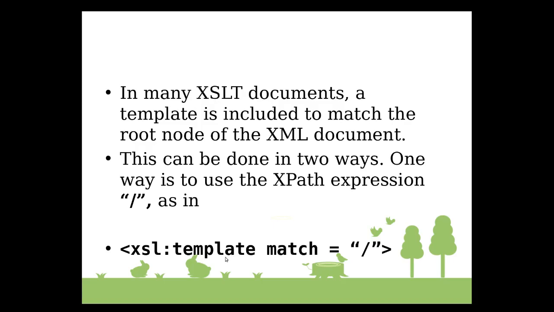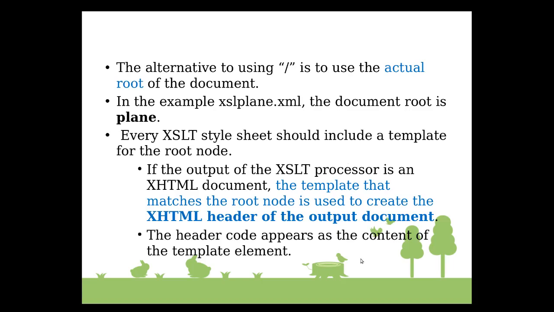Template is the element name. match equal to /, so match is the attribute which is assigned the value /. It's an XPath expression. The alternative to this / is to use the actual root of that document. Here the actual root element is plain, so instead of this we can use plain. Every XSLT style sheet should include a template for the root node.